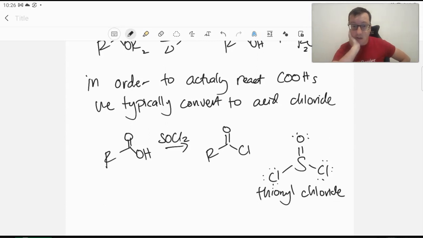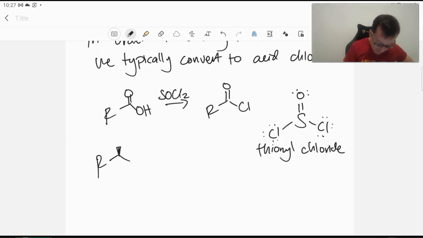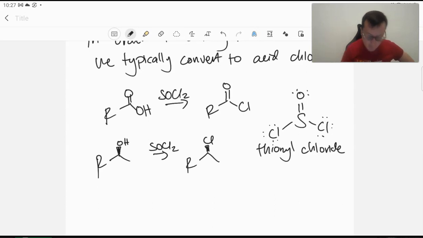Thionyl chloride can do that. If we remember, we have seen this reagent before. You end up with the same stereochemistry as your original alcohol. Remember that? Maybe? Probably not. Okay, well, the mechanism is the same, so we'll take a look at that.